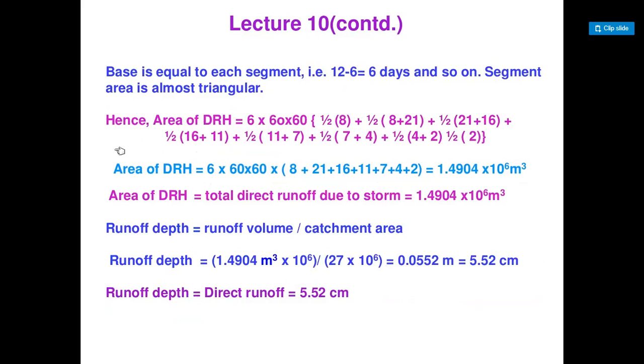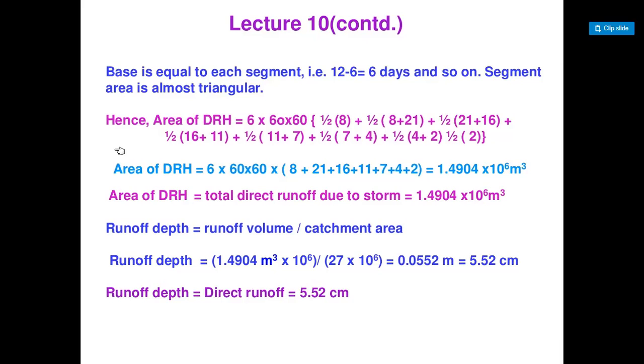Each segment area is almost triangular. Hence the area of the direct runoff hydrograph is equal to 6 into 60 into 60 into half into 8, plus half into 8 plus 21, plus half into 21 plus 16, plus half into 16 plus 11, plus half into 11 plus 7, plus half into 7 plus 4, plus half into 4 plus 2, plus half into 2.